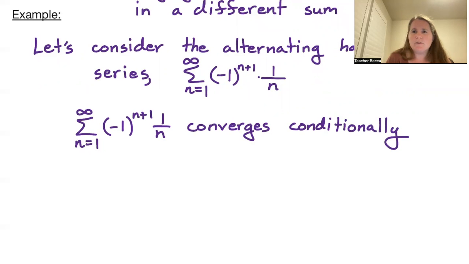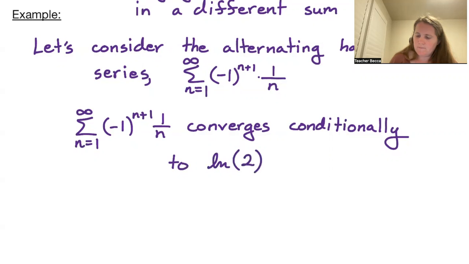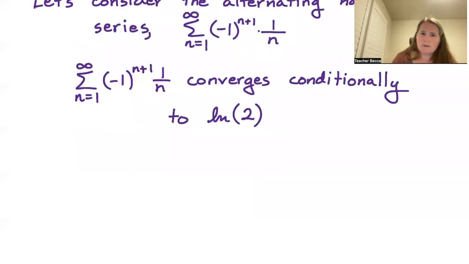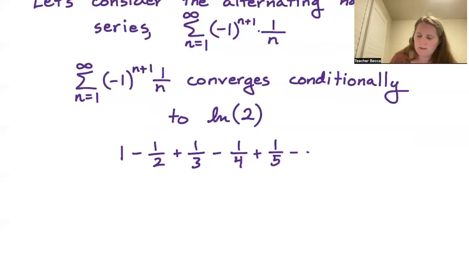And what it converges to is natural log of 2, right? So this series converges conditionally to the natural log of 2. So essentially what we have is 1 minus a half plus a third minus a fourth plus a fifth minus etc. goes to natural log of 2.